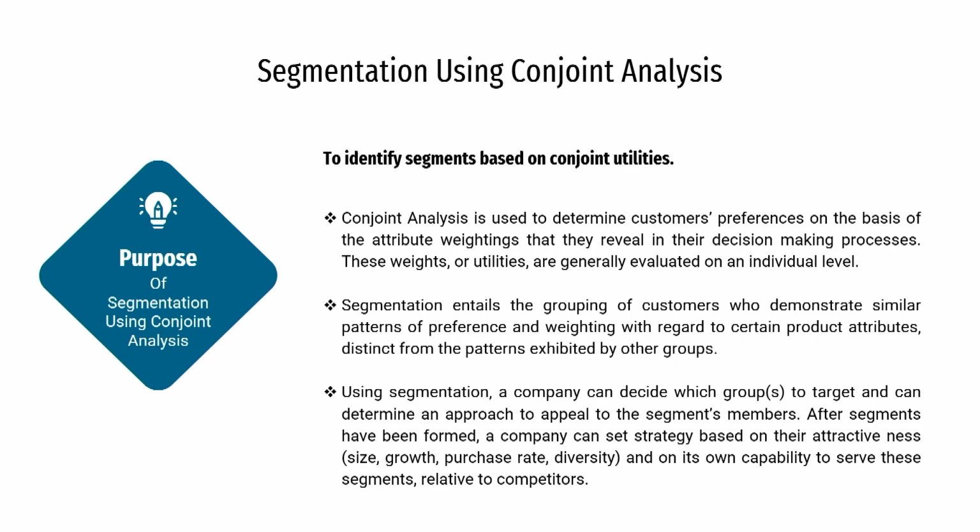These weights or utilities are generally evaluated at the individual level, though in some cases they can also be evaluated on a segment basis. Segmentation entails the grouping of customers who demonstrate similar patterns of preference and weighting with regard to certain product attributes, distinct from the patterns exhibited by other groups.